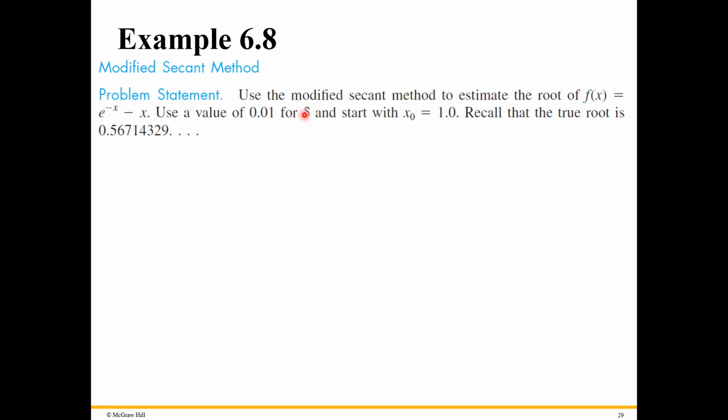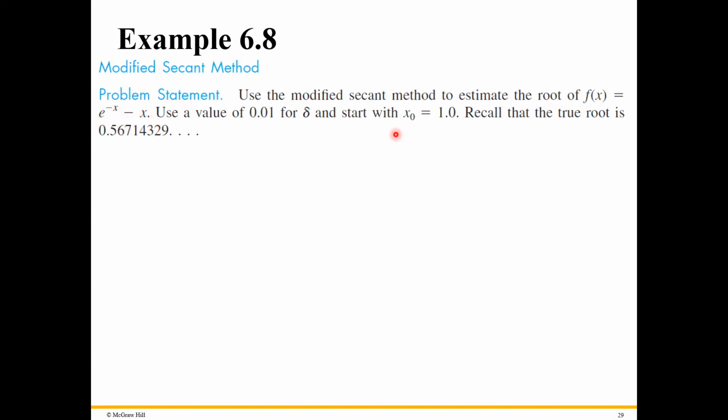For example, in example 6.8, we say that we take delta equal to 0.01, which means about 1% of the value of 1. So if we take x naught equal to 1 and delta equal to 0.01, our value of xi minus 1 will be 1 plus 0.01, which is 1.01. Then let's apply it to the same function.